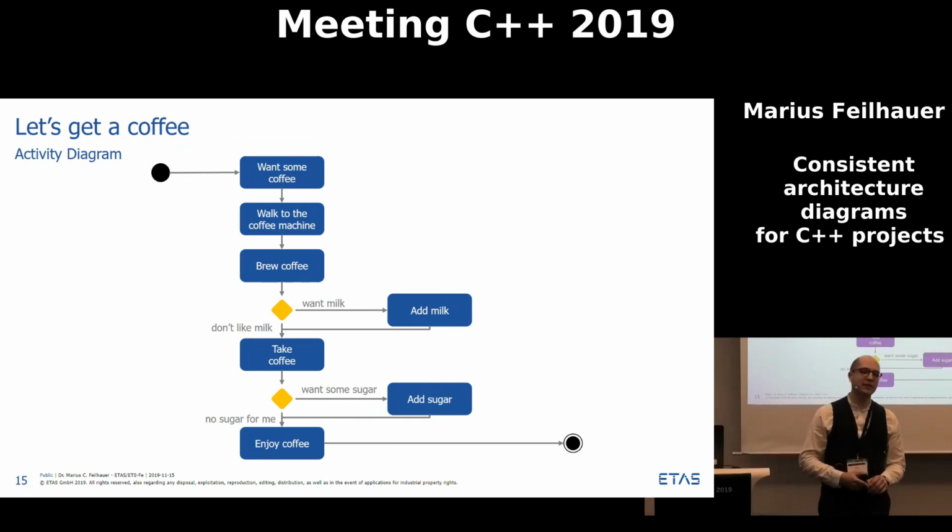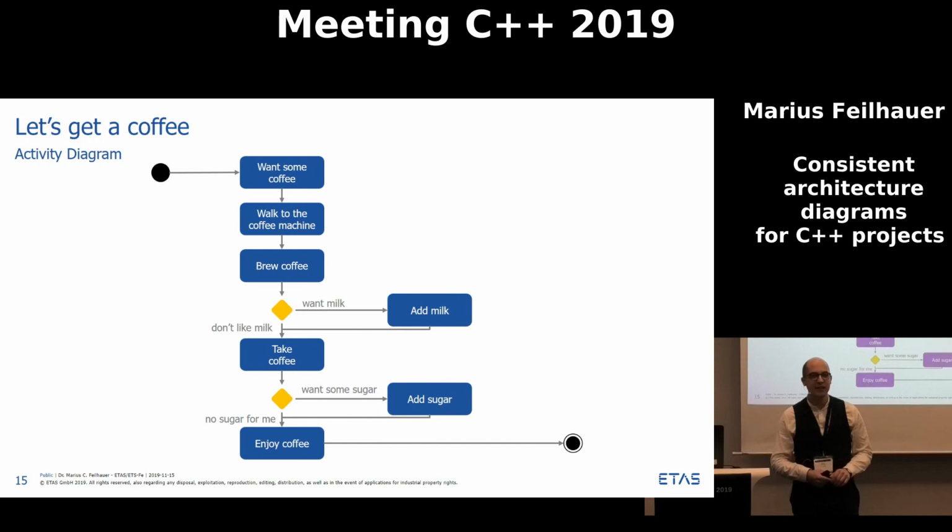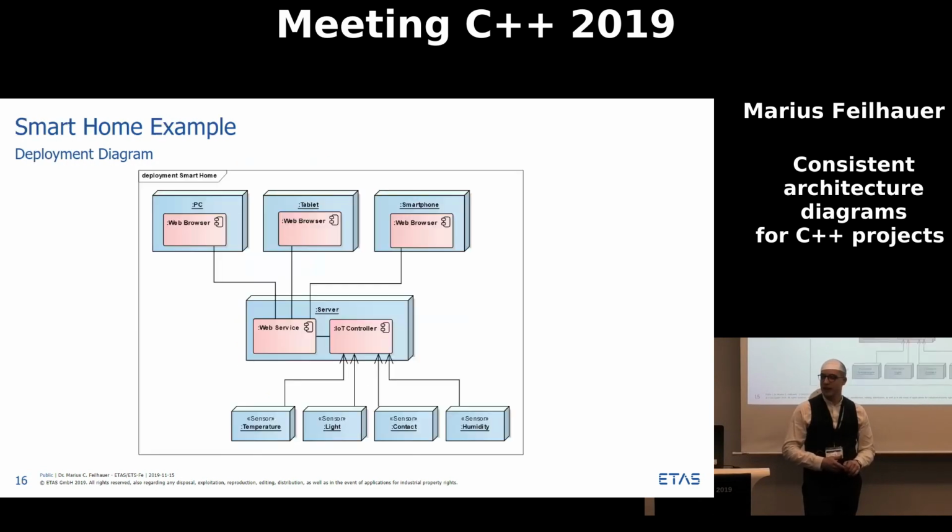Also drawn by software, but in this case just PowerPoint, which is an option, but doesn't ideally fit into our continuous integration tool chain. And the last one, a component diagram, here a smart home example, where different components are deployed on different systems.